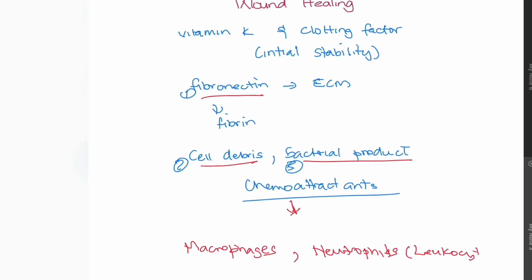Leukocytes, white blood cells. These are important in secreting enzymes such as your proteases and your collagenases to get rid of the cell debris and the bacterial products, and just to attempt to clean the wound.